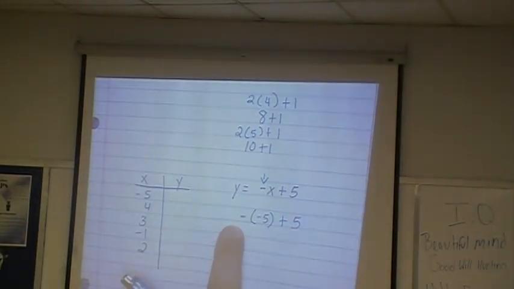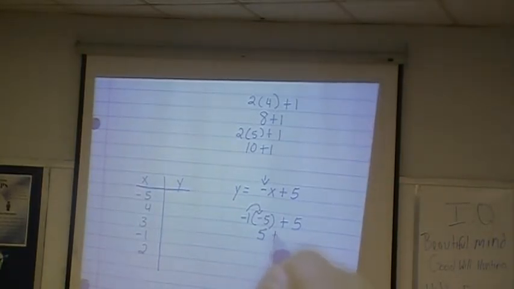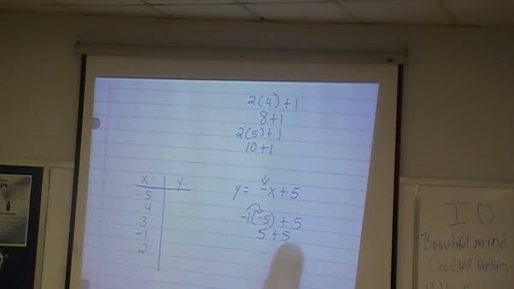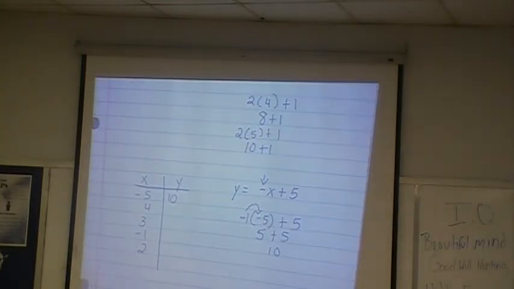What number is that? Technically, it's a negative 1, right? So when I say negative 1 times negative 5, what do I get? I get positive 5. And then 5 plus 5 gives me what? 10. So when x is negative 5, y is 10.